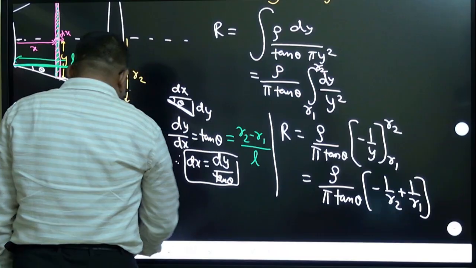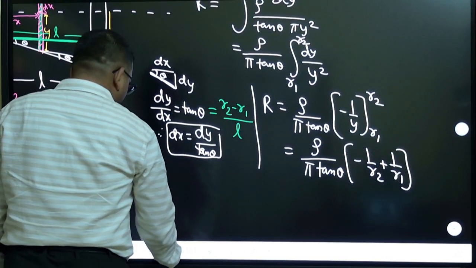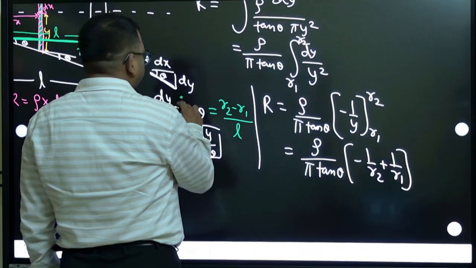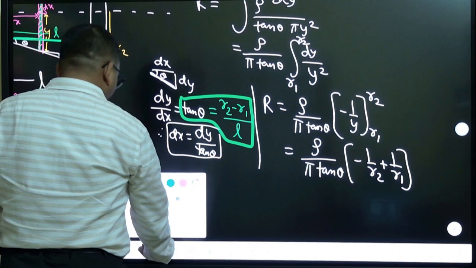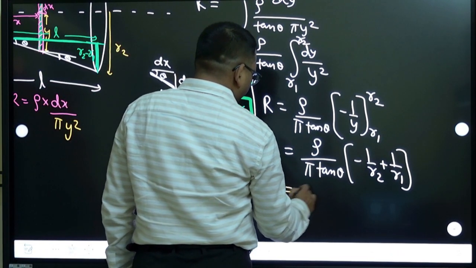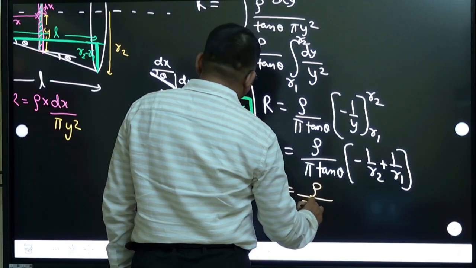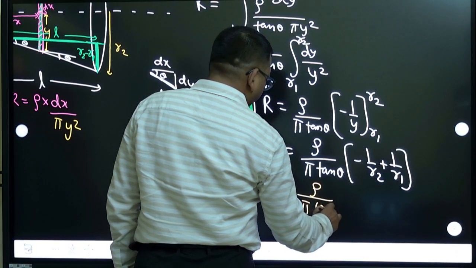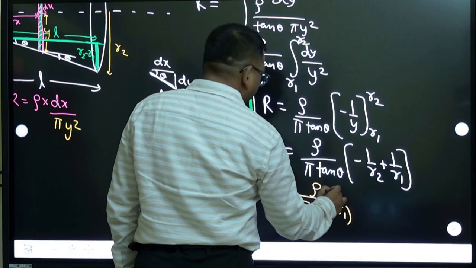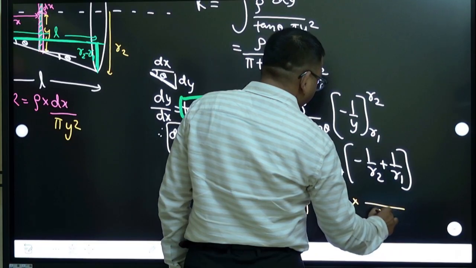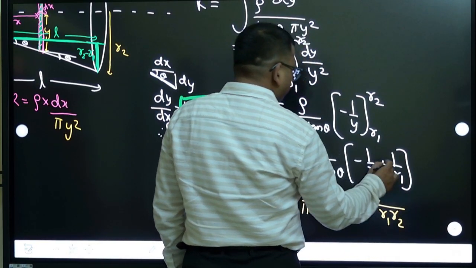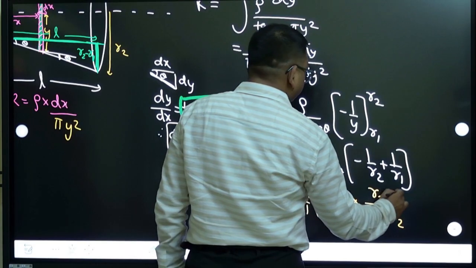Now you can substitute tan theta, because this is the value of tan theta. So rho by pi tan theta is r2 minus r1 by length, so length will come here. Here also take the LCM. This is r1 r2 and it has become r2 minus r1.